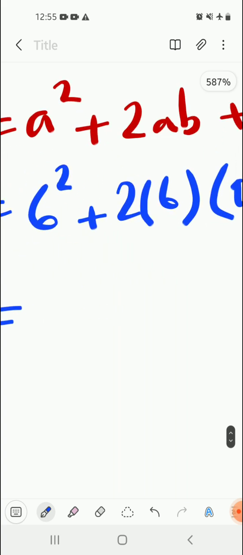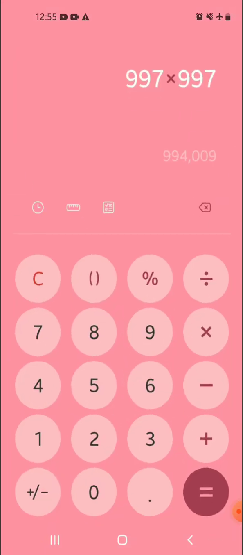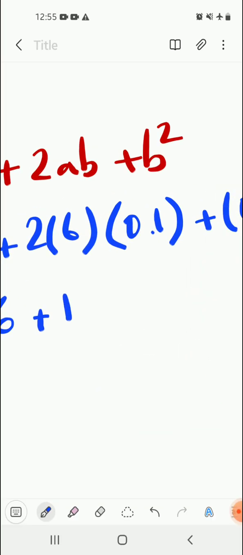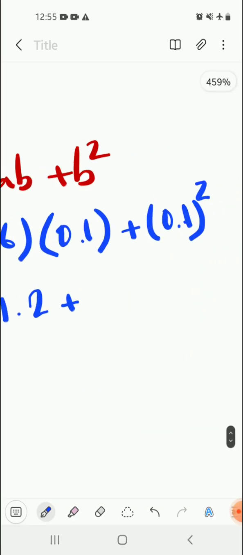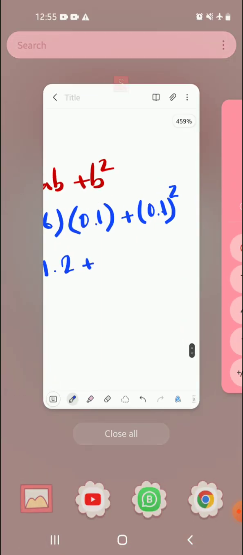Now 6 square is 36 plus 6 2s are 12 into 0.1. So 12 into 0.1 is 1.2, plus 0.1 into 0.1, 0.01.